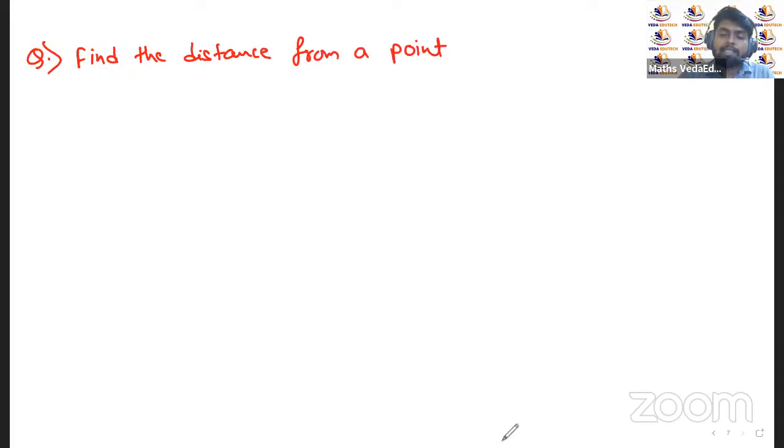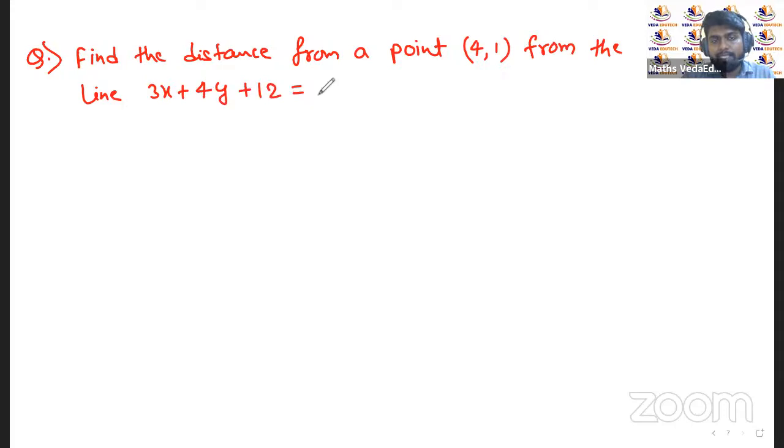The point is given, that is 4, 1, from a given line, that is 3x plus 4y plus 12 equal to 0, or we can take this one as 3x plus 4y equal to 12. So how do we find the distance from the given point to the given line?